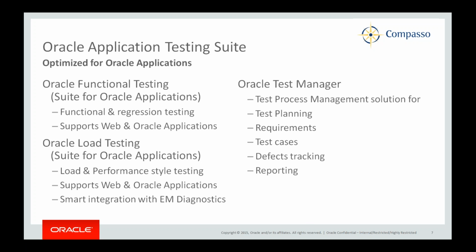So the Oracle Application Testing Suite really consists of three main components. You have Oracle Functional Testing, or if you're testing Oracle applications, you would refer to Oracle Functional Testing Suite for Oracle applications. And this is the centerpiece of the solution. It's not because functional testing is necessarily the most important part of the puzzle, but this is really the scripting engine that we have for everything.